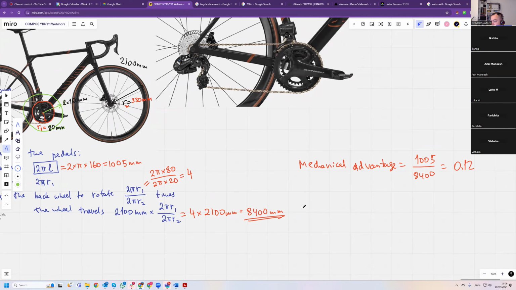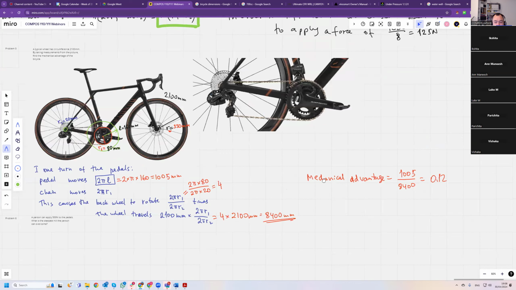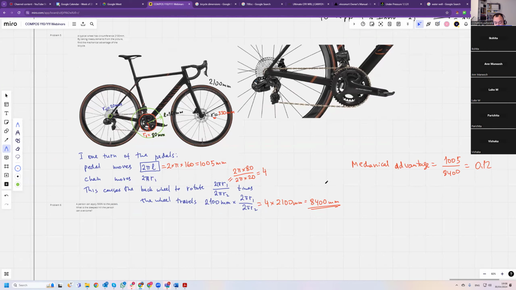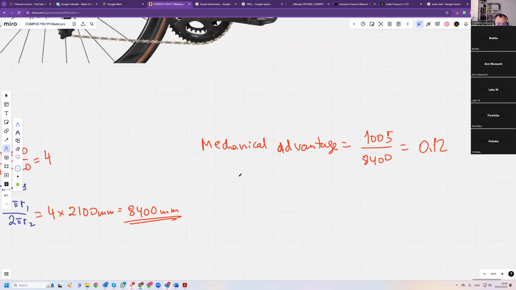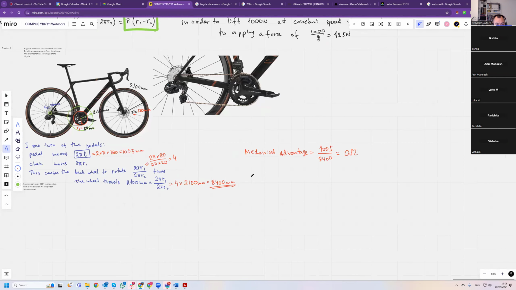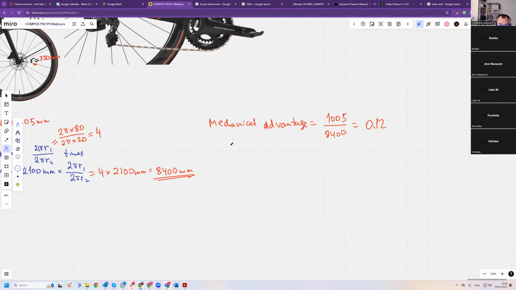Okay. 0.12. For example, if the pedals move 1 meter, the bicycle travels 8 meters, roughly, well, 8.4 meters.